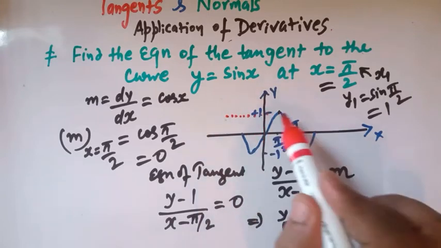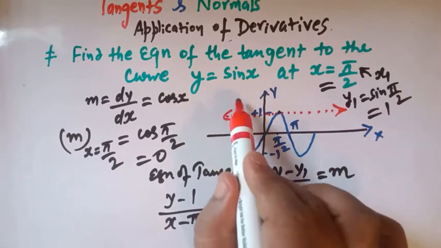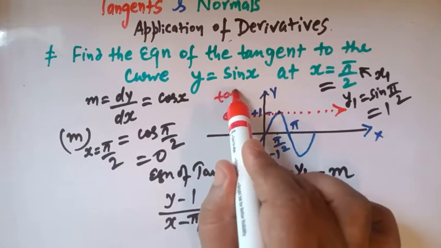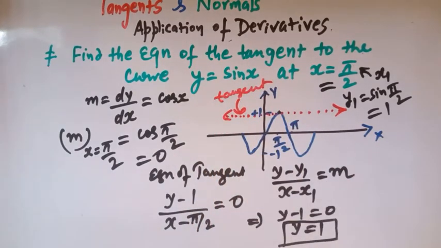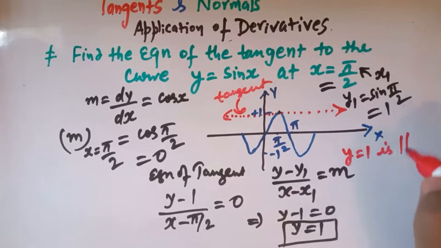See, this is the tangent. Clear? And this line y is equal to 1 is parallel to x-axis. Why?